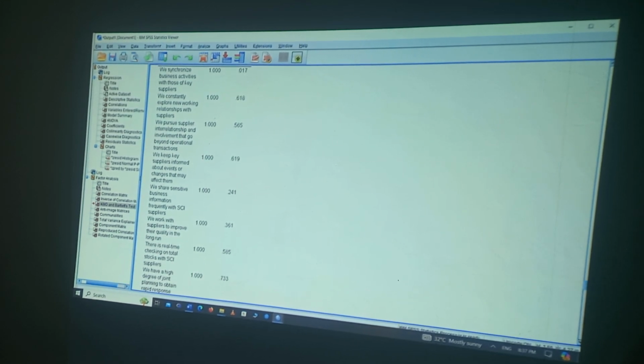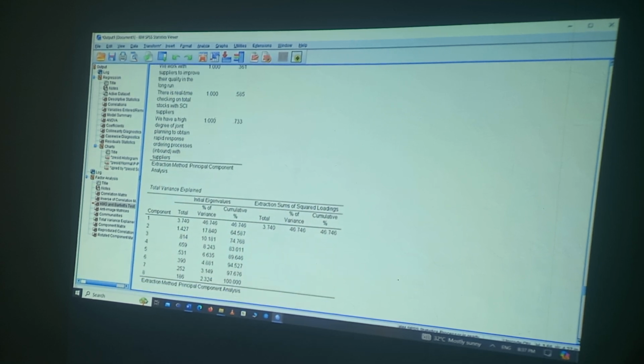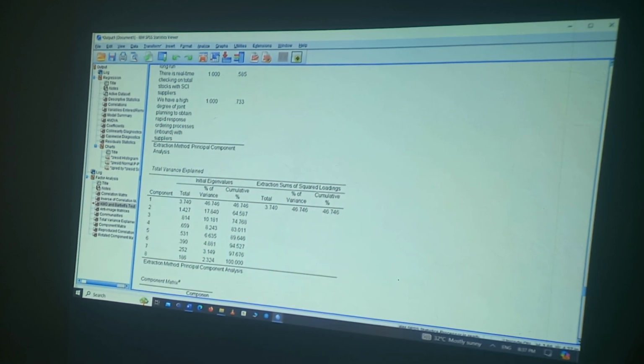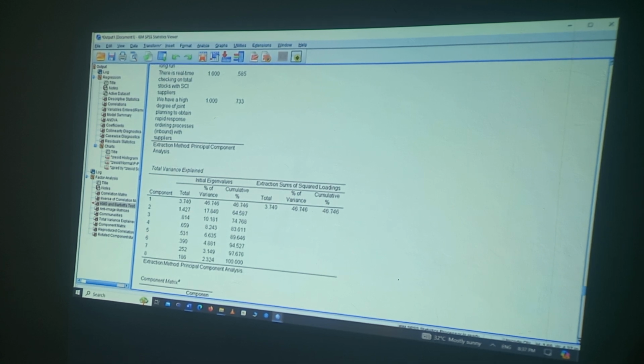If you violate them, what did we say you have to do? You can increase the sample size, or you can go and collect more data by increasing or modifying your scale. If you are the examiner, you tell the person you can collect more data. I think that would be easier, more friendly.